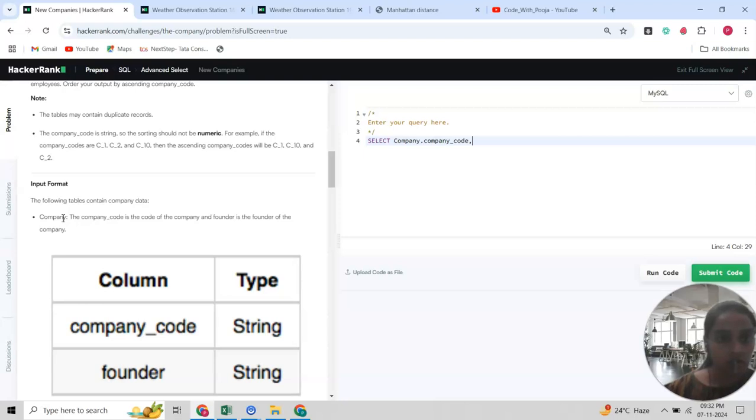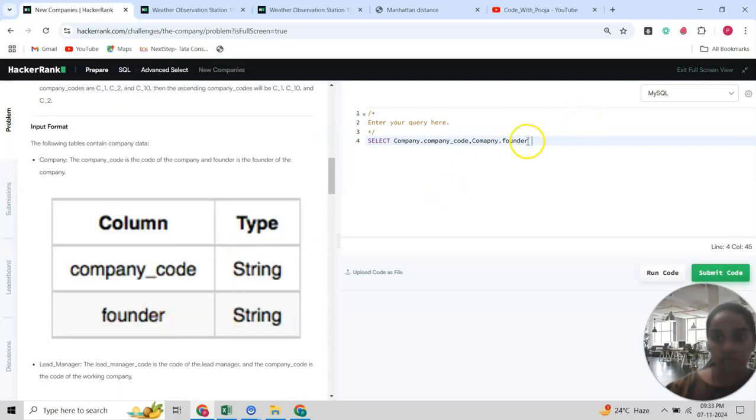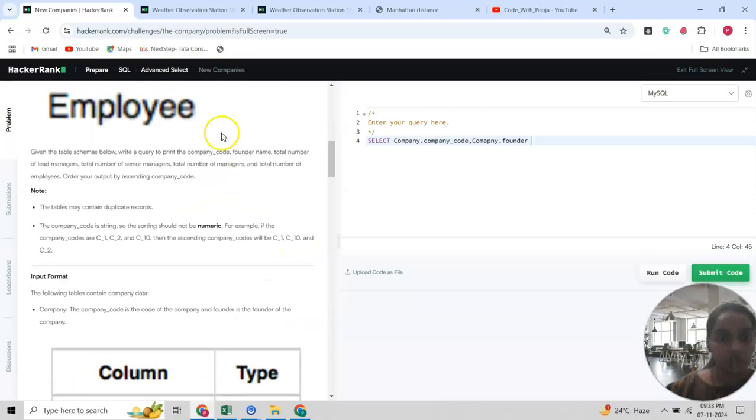Now they are asking for the founder name. So the company's founder, the company table having a founder. Now they are asking for the lead manager's total count. The table may contain duplicates, so I will use DISTINCT here, distinct of the lead manager's count.